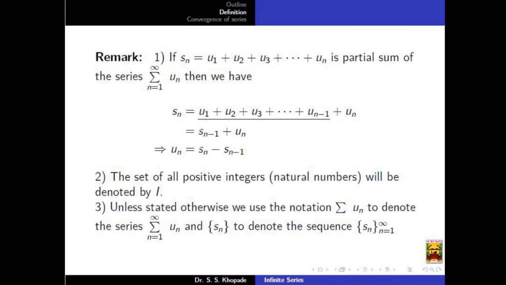N from 1 to infinity is not written to denote the series summation n from 1 to infinity un, meaning we will not write the limits n from 1 to infinity. Similarly, if Sn is a sequence, n from 1 to infinity, again it is understood that this sequence contains infinitely many terms starting from n equal to 1.